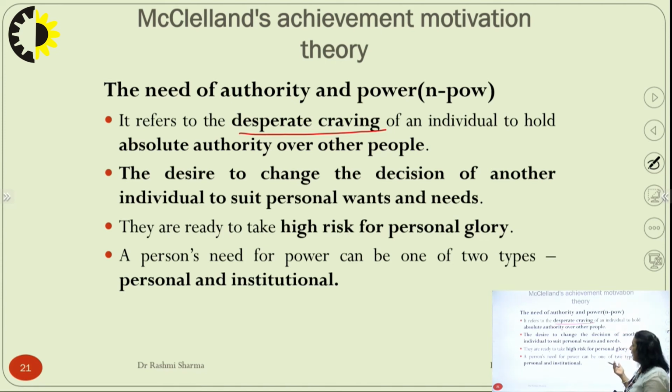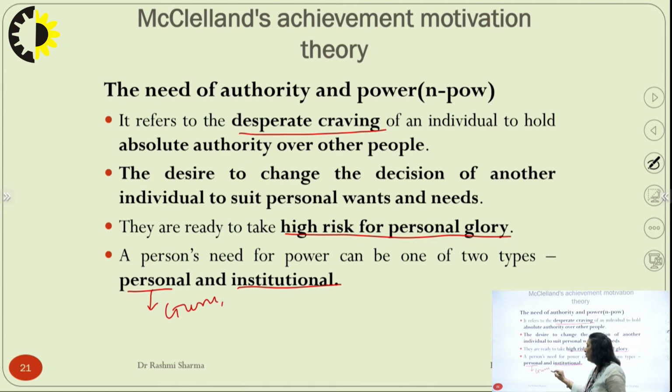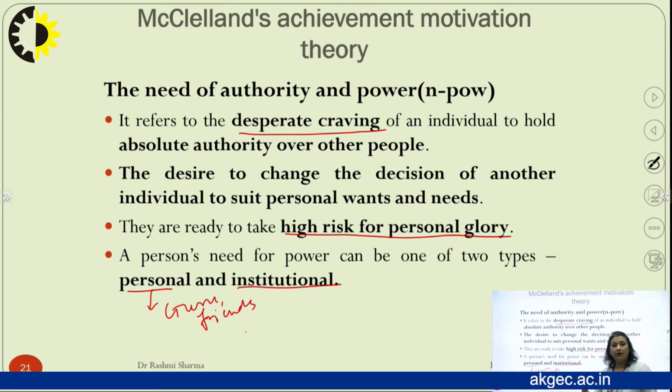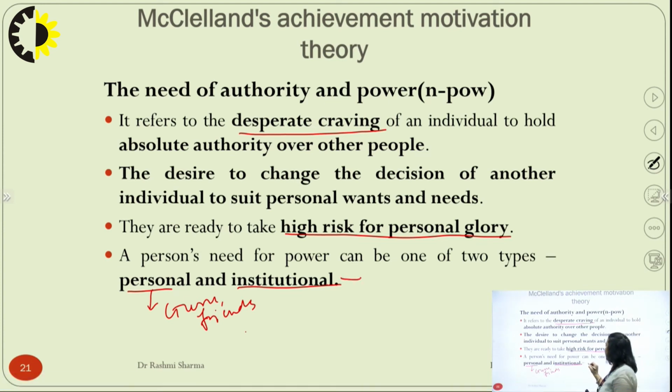So obviously they are high risk takers. They want high glory. There are two types of power motivation, the personal or the institutional. For the personal type, as I told you, you can have some guru or some friend who is always giving you solutions, and you always go ahead and take the solution from that person. Or institutional, where you usually have a group of people.